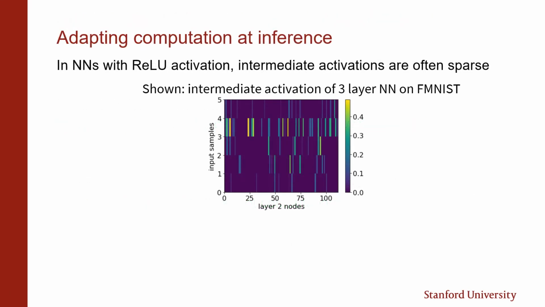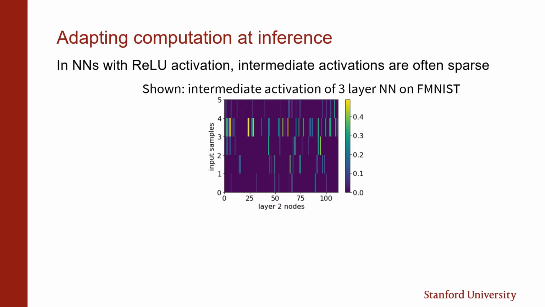So we need a mechanism by which we can adapt computation at inference. We leverage the fact that in neural networks with ReLU activation, intermediate activations are often sparse. To convince you of this fact, here I'm showing the intermediate activation of a 3-layer neural network on FMNIST.